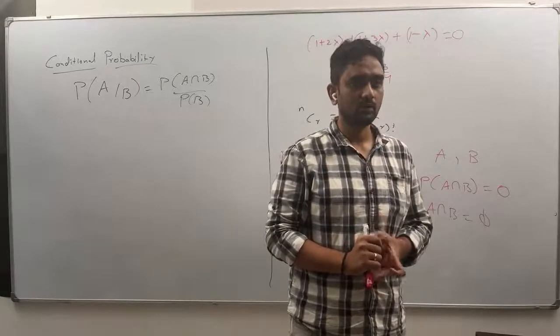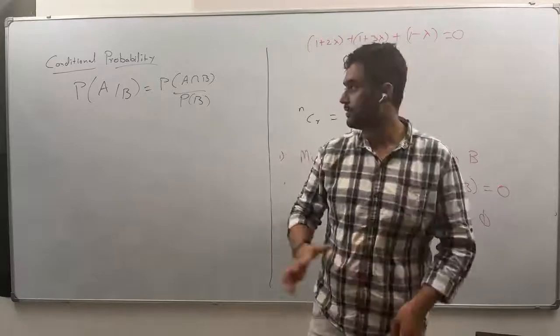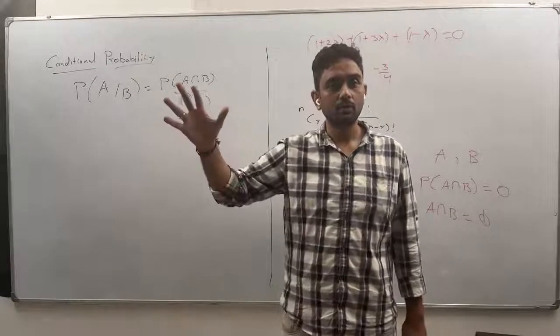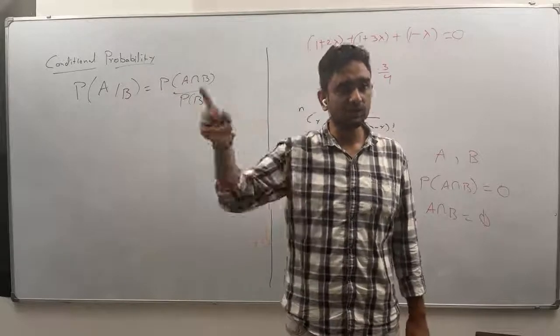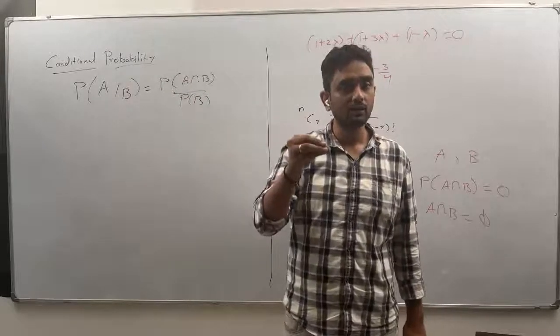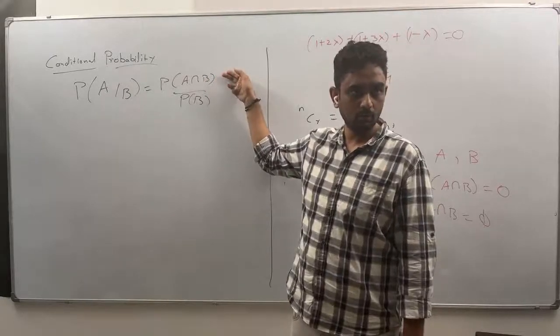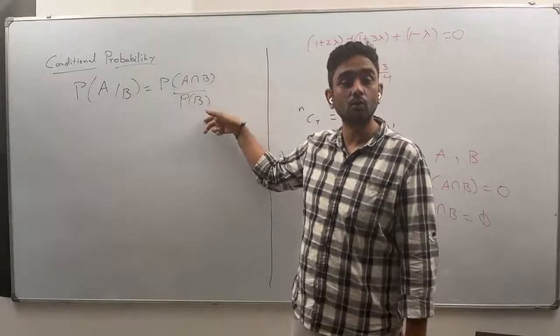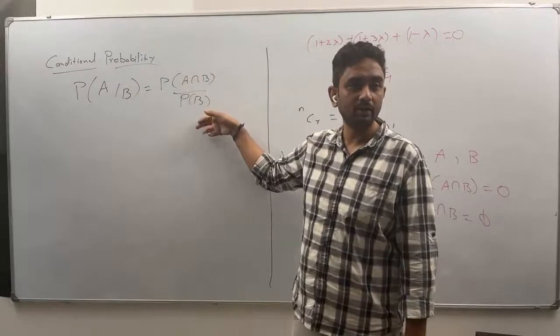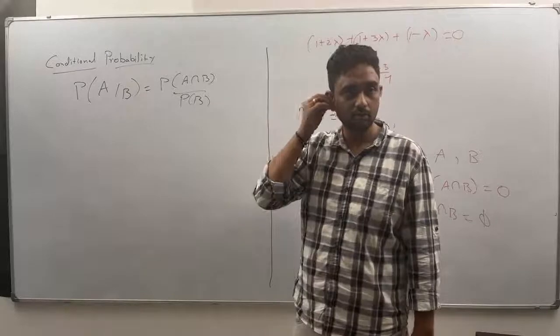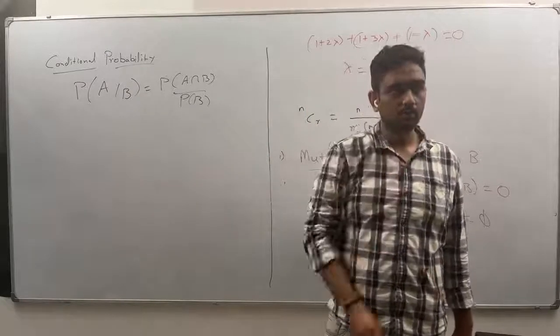Ultimately, there was something in A and something in B. Now I'm saying B has happened, which means only B is possible, and out of B you want to find A. So those will be the common elements. Your total probability is not 1 anymore; it has become the same as B. So this is like favorable by total. Again, same thing. This is conditional probability.